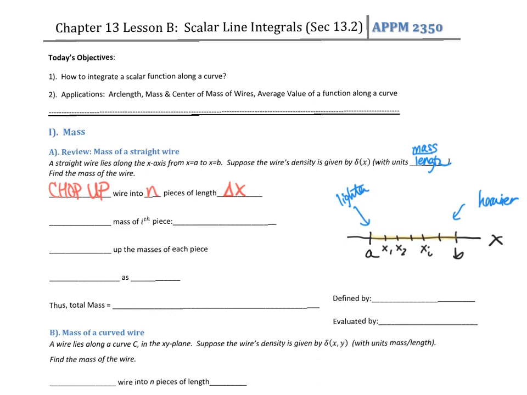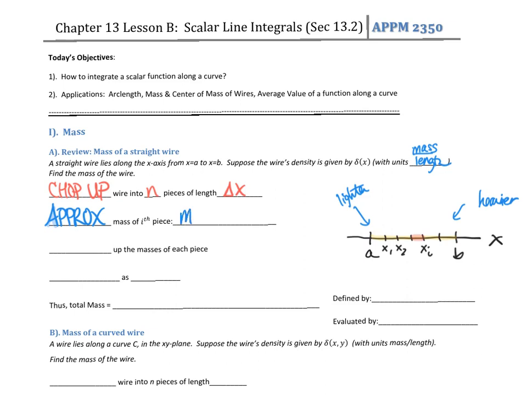Okay, and then we're going to zero in on one of these pieces. So let's just zero in here on this little piece, and we'd like to approximate the mass of that piece. We can do that just like we've been doing all along with finding mass of our 2D regions.